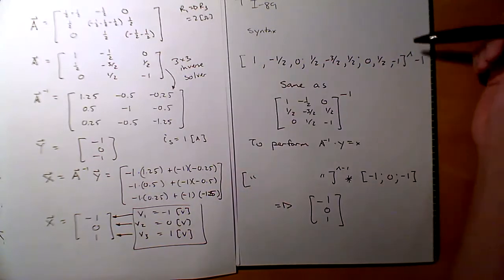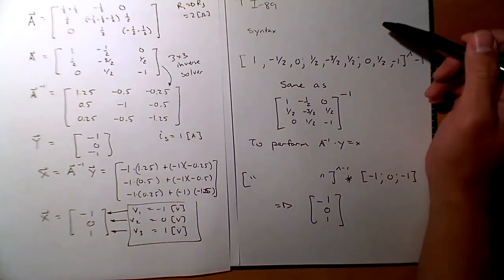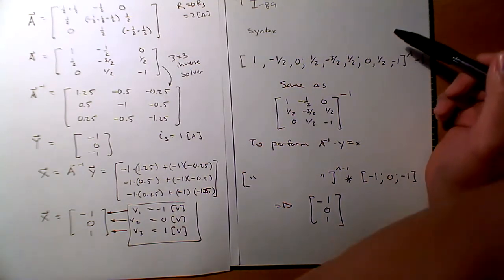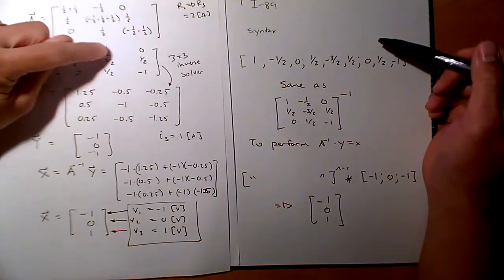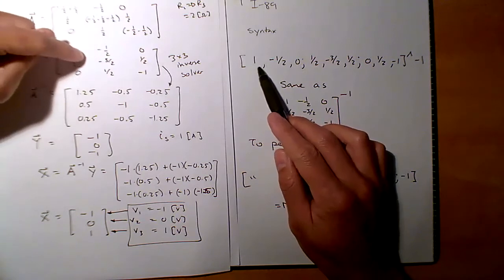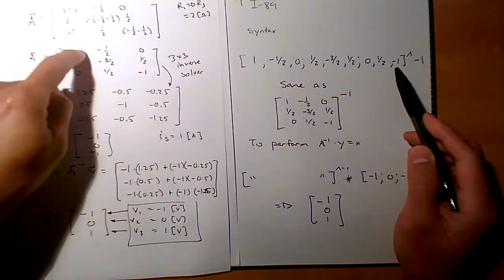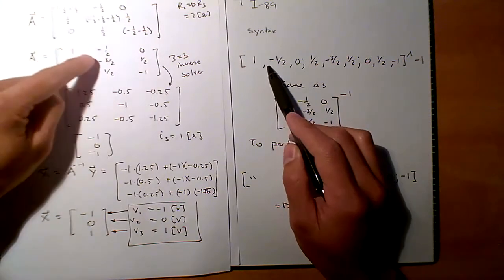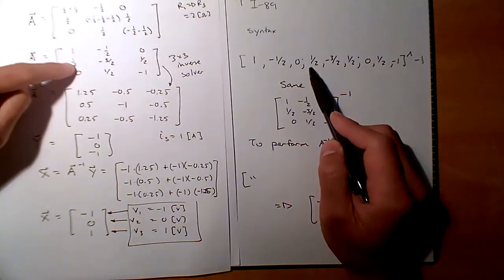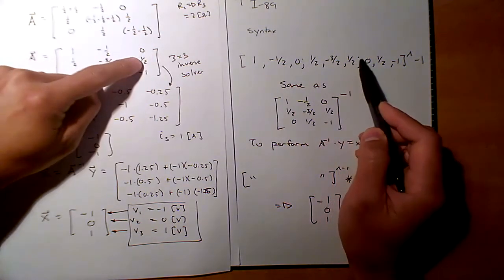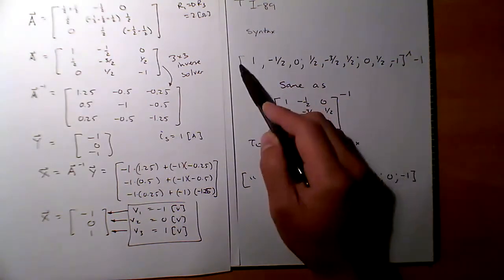If you want to type the A matrix into your TI-89, you use hard brackets for the entire matrix. Then 1, -1/2, 0, semicolon, 1/2, -3/2, 1/2, semicolon, 0, 1/2, -1, hard bracket. So that actually is A.